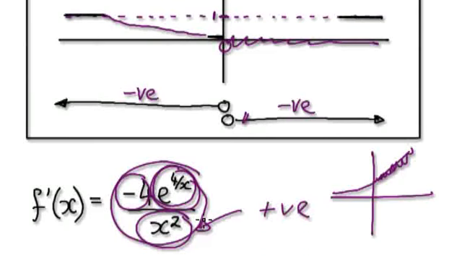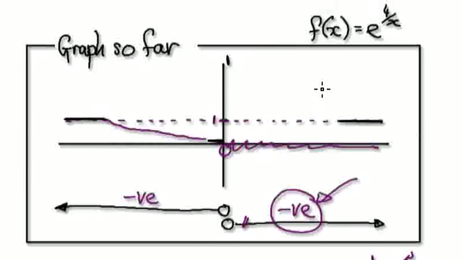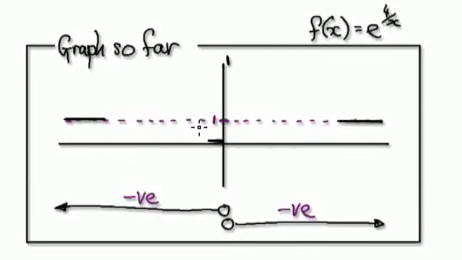So overall, it will be a negative. That's why this is a negative, meaning that if the gradient's negative, then from here the original function should always be going downhill, downhill, downhill. So it seems to be like this.